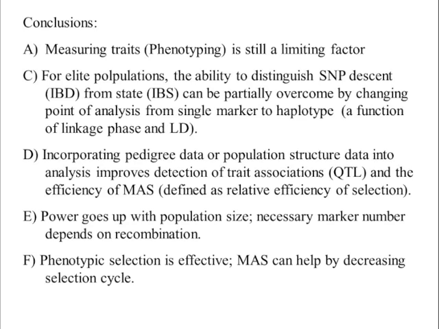Incorporating pedigree data or population structure into analysis improves the detection of trait associations and also the efficiency of marker-assisted selection. Our power goes up with population size. The number of markers we need really depends on recombination. Finally, phenotypic selection is effective. We know that, so we can't abandon the resources that we put into that. MAS can help if we use it to reduce the cycle.